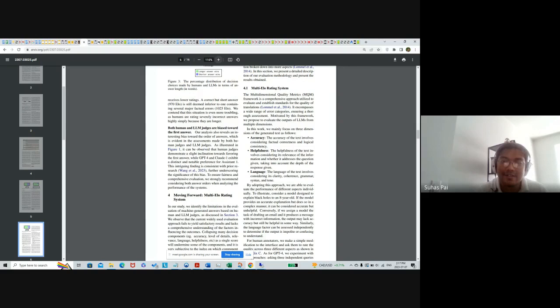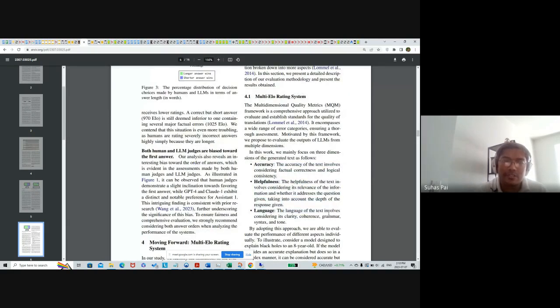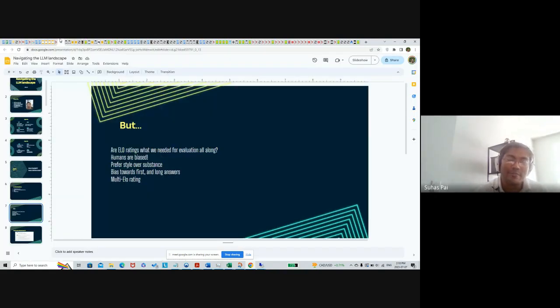So you can see here. So yeah, again, as you can see, it's really hard to directly say. We need AGI in order to automatically evaluate these LLMs, which is not possible.